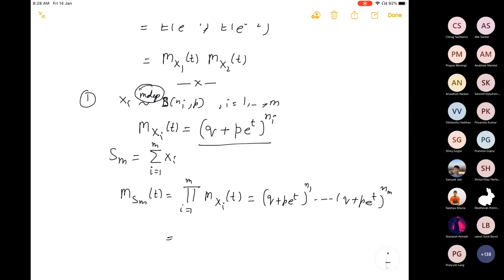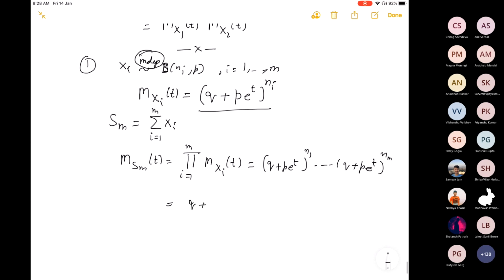So therefore this will be (q plus p e raised to power t) raised to power n1 plus n2 plus ... plus nm. So this is of the same shape, except that ni is replaced by n1 plus n2 plus ... plus nm.